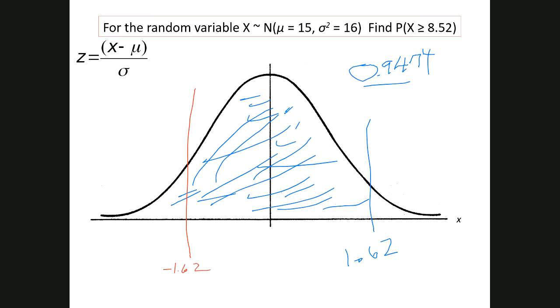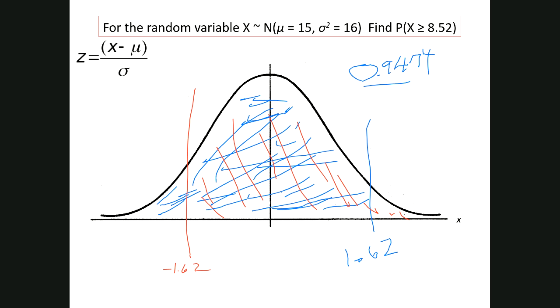And by the principle of symmetry, everything that's above positive 1.62, see if this makes sense, everything that's above positive 1.62, which is our red, is exactly the same as everything that's below positive 1.62.